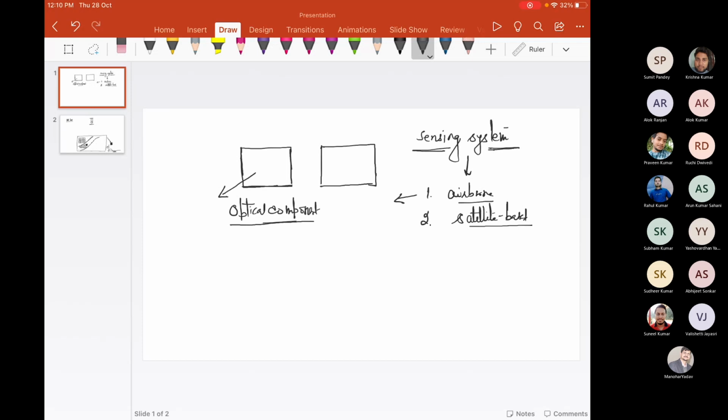Then when energy passes through the optical component, it reaches the detectors. So in the second block, we have a detector unit. And after the detector, in the third box, we have an A to D converter, analog to digital converter, plus a storage device.